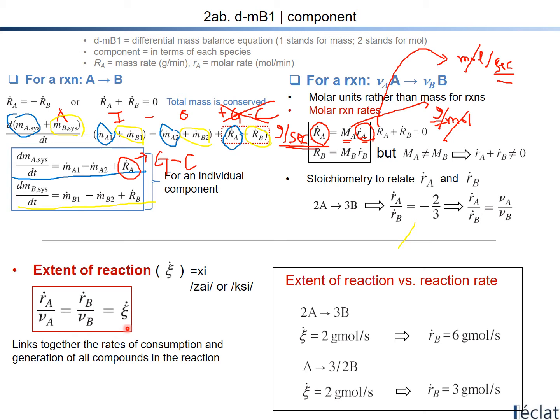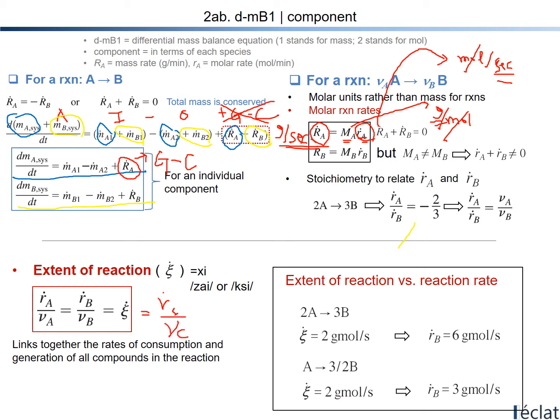So the extent of reaction xi is equal to r dot A over nu A, equal to r dot B over nu B, or if you have another component C, then r dot C over nu C, something like that.